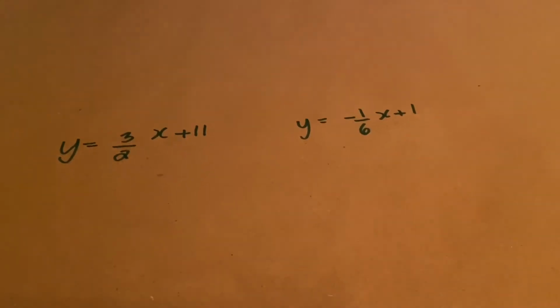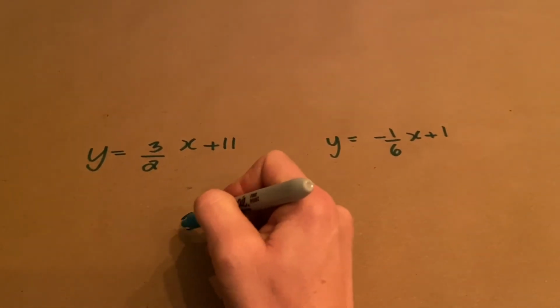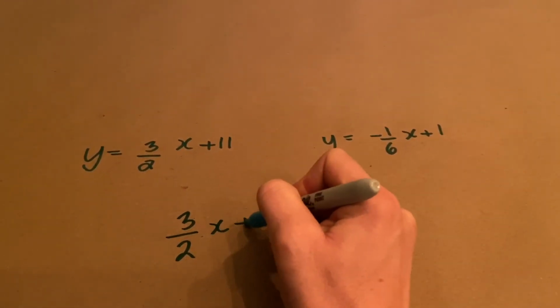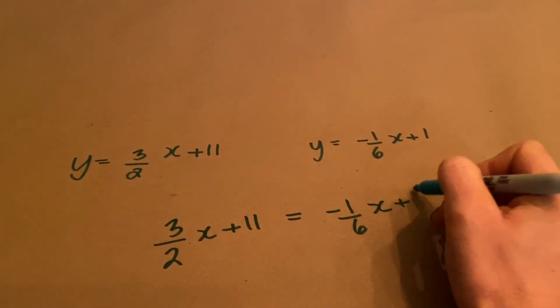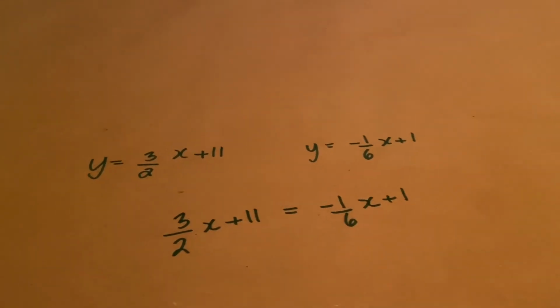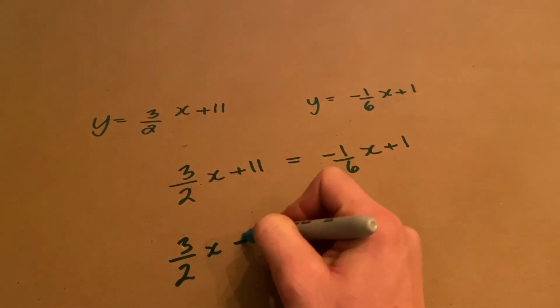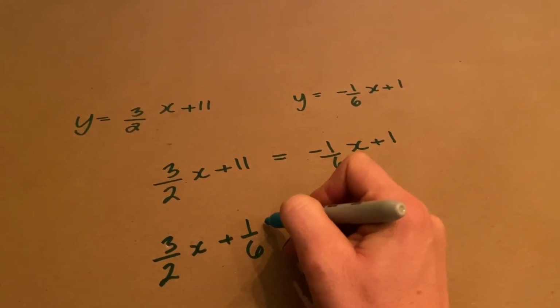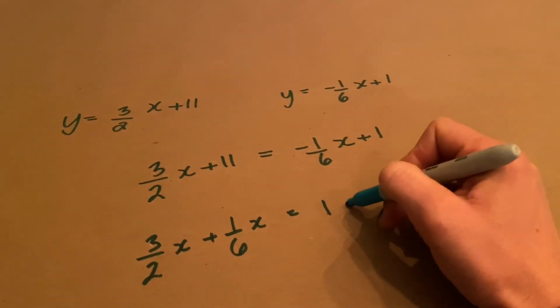Let's see if we can get that same answer as we've gotten using Desmos. Here are my 2 equations for my medians. I want to find out when they equal each other. So I'm going to equate them. And I want to bring all my x's together and all my non-x's to the other side. So I'm going to have 3 over 2 x plus 1 over 6 x. And then here I have 1, and then my plus 11, minus 11.